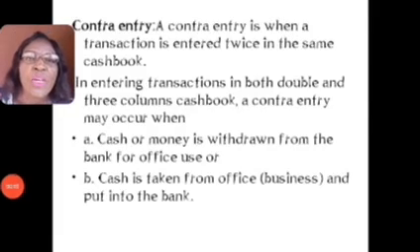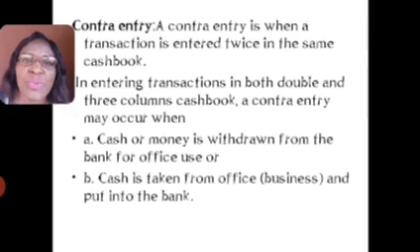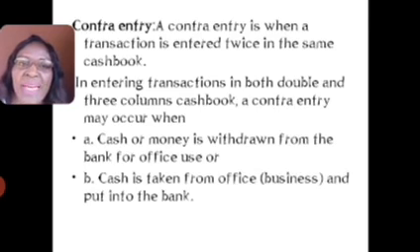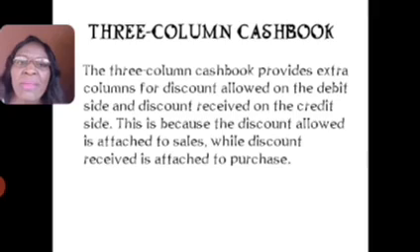Contra entry. A contra entry is when a transaction is entered twice in the same cash book. In both double and three column cash books, a contra entry may occur when cash or money is withdrawn from the bank for office use, or when cash is taken from the office and put into the bank.